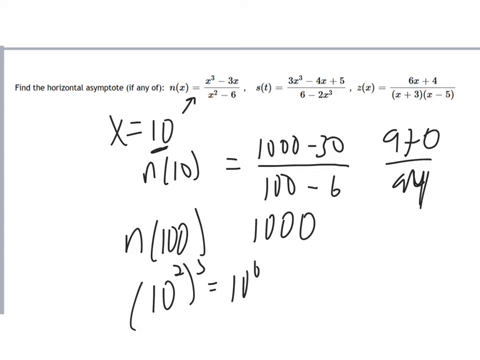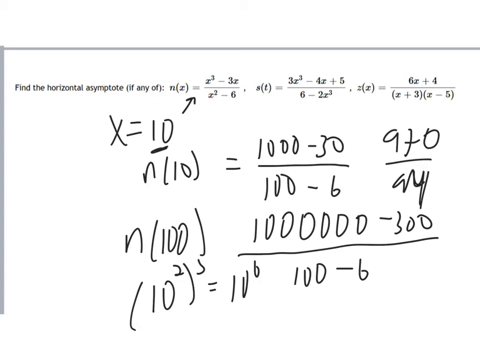So yeah, one with 6 zeros: 1, 2, 3, 4, 5, 6, minus 300, divided by 100 squared minus 6. What I want you to see here is this is going to be a whole lot more than 10 that was happening here. You see, because that's 1,000,000. And 1,000,000 minus 300 divided by 94, that's a huge number.